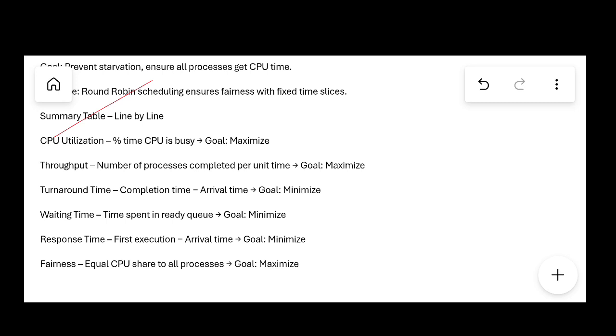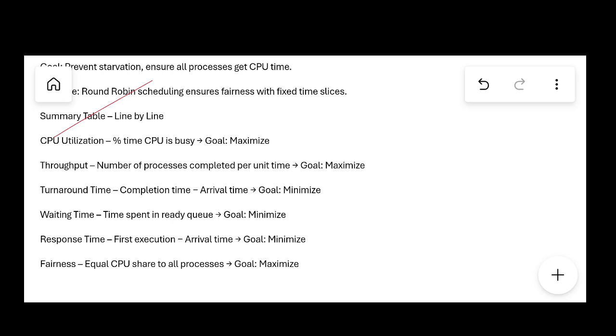So basically, CPU scheduling isn't just formulas. It's about balancing these six parameters intelligently. High CPU utilization is good, but if waiting or response time is terrible, then the system feels slow.